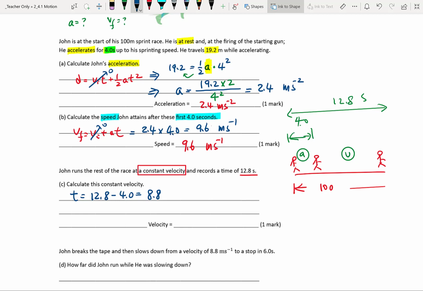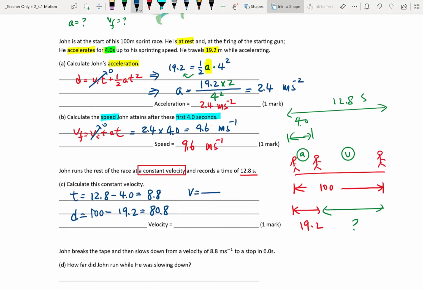And how far is the distance? The total is 100 meters, and they told us at the beginning he travelled 19.2 meters. So the rest is 100 meters minus 19.2, which is 80.8 meters, and we want to know the speed.